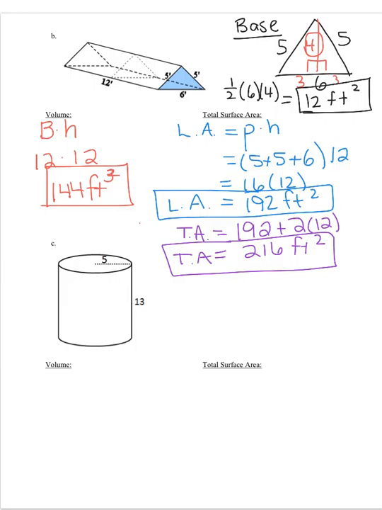Okay, for C, I'm just going to add in inches because I didn't put a unit. Once again, I'm going to find the area of the base, which, this is a cylinder, so the base is a circle, and we just get a nice easy 5 squared pi, or 25 pi inches squared.